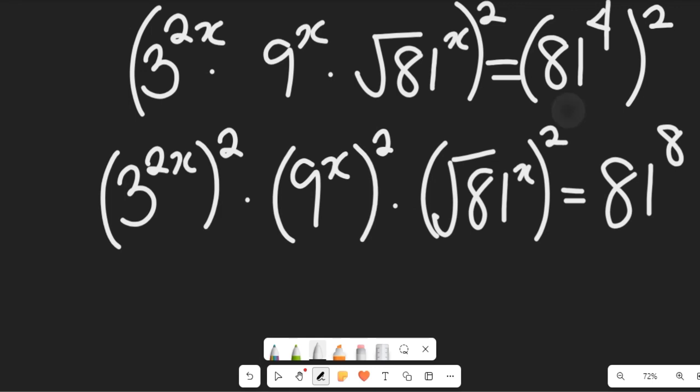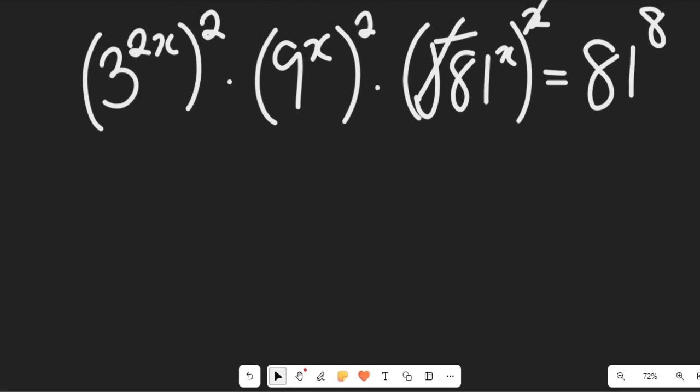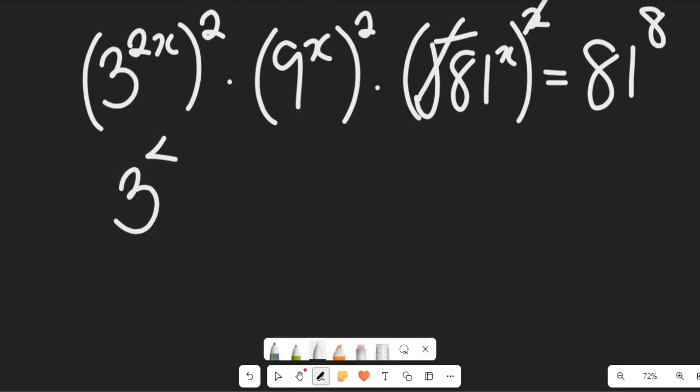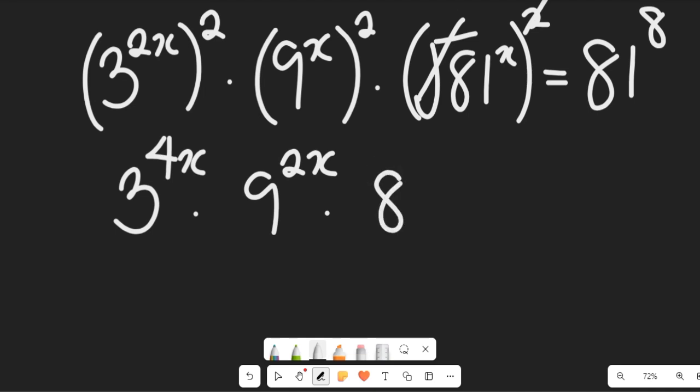So from this expression, this square will take care of the square root, and then we'll be left with 3 to the power of 4x. The exponents will multiply: 9 to the power of 2x, multiplied by 81 to the power of x, and this will be equal to 81 to the power of 8.